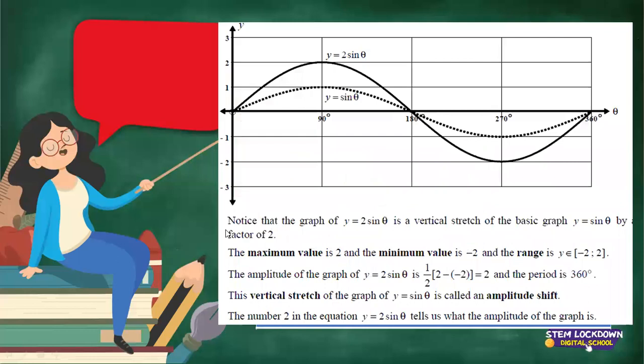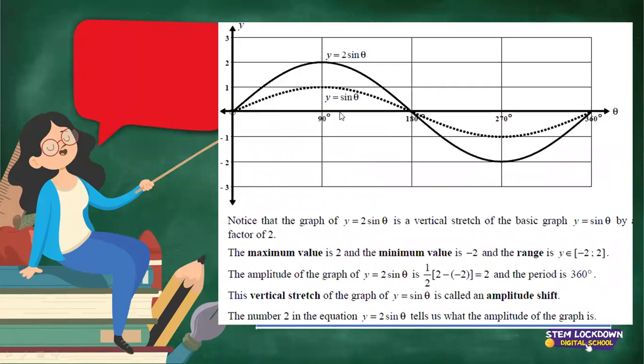Okay, now we can start. We are going to have 0, 90, 180, 270, 360. We refer to these as the critical values or critical points. You understand that these have to be on your x-axis.